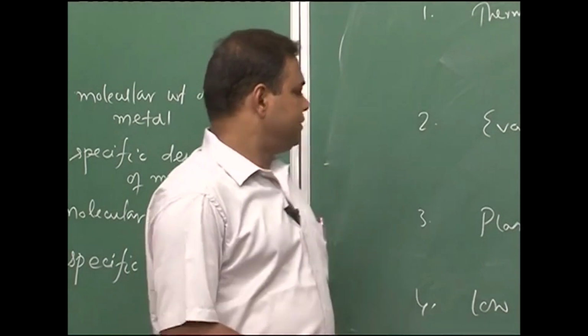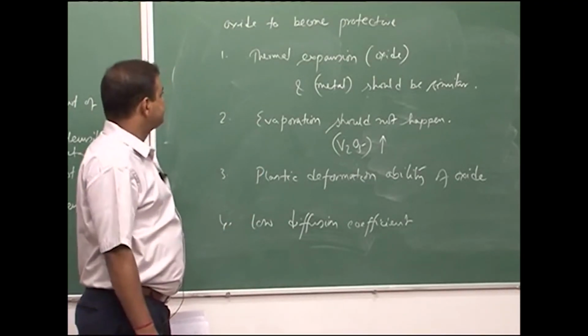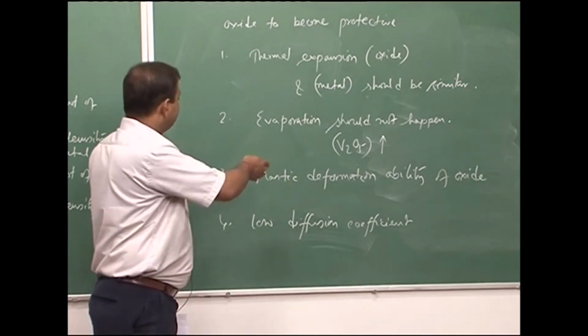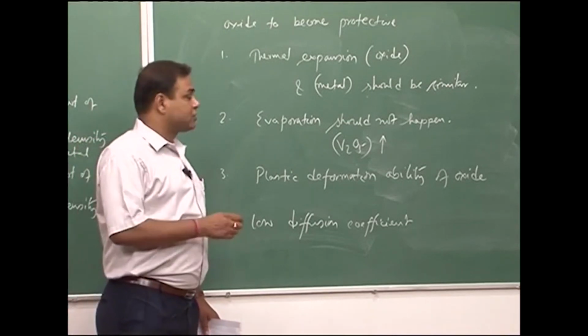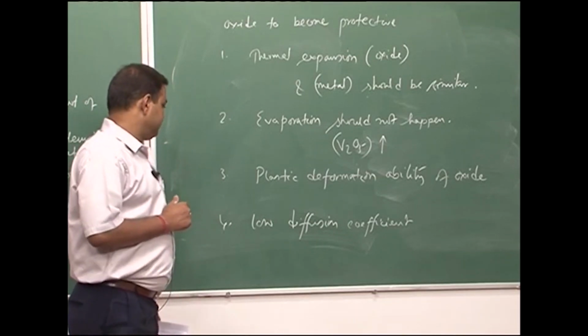So, we see that these are the common features that an oxide should possess to have very good protection ability against further oxidation of that metal.